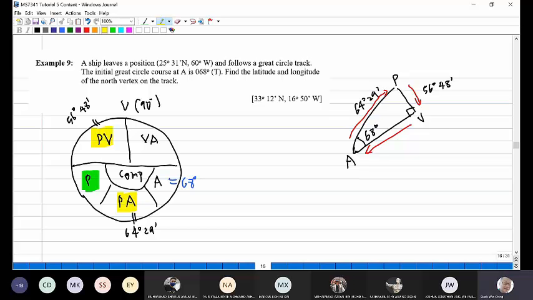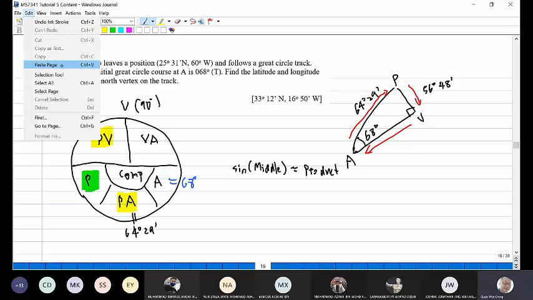So the method to do this is first, always sine of the middle part. So sine of the middle part is the product of tangent of adjacent. So let me move this diagram a bit here.